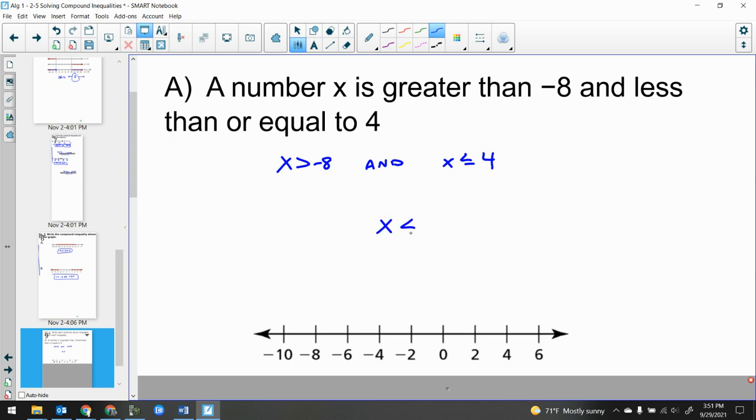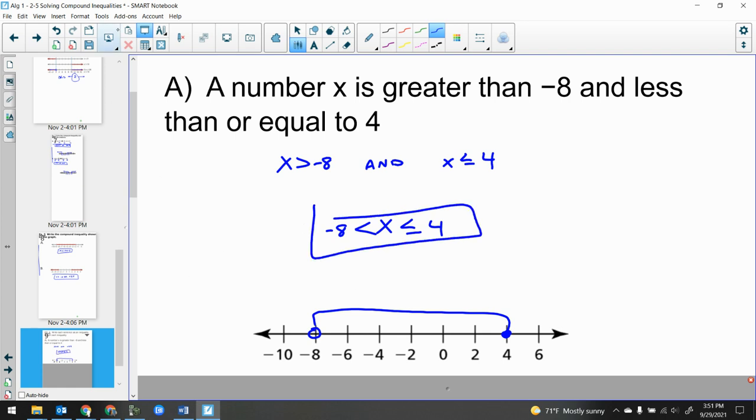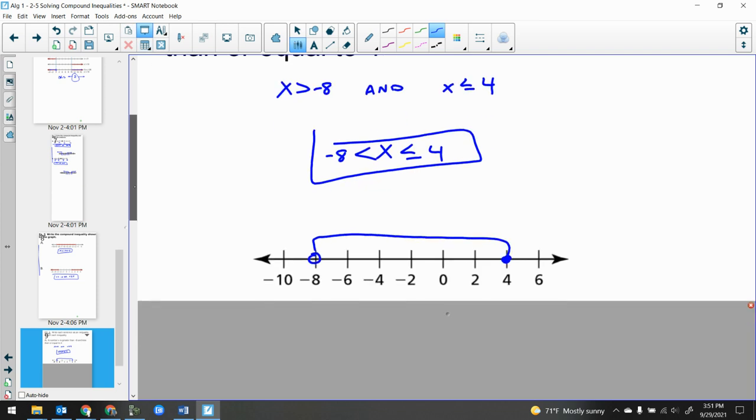So I put the less than or equal to 4 on the right side. Look, x is greater than -8. Read it backward here. X is greater than -8. So we got -8, open circle on the left side, +4 on the right side, connected in the middle. Ands go in. That's my answer there.